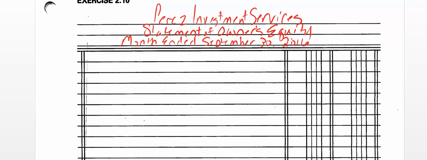Okay, so a statement of owner's equity, we start with what we had in our equity account at the beginning of the month. We add in or subtract income or loss. We take out any withdrawals that the owner took, and then we show our increase or decrease in capital, and then we will have a new number for our owner's equity account for the end of the month.